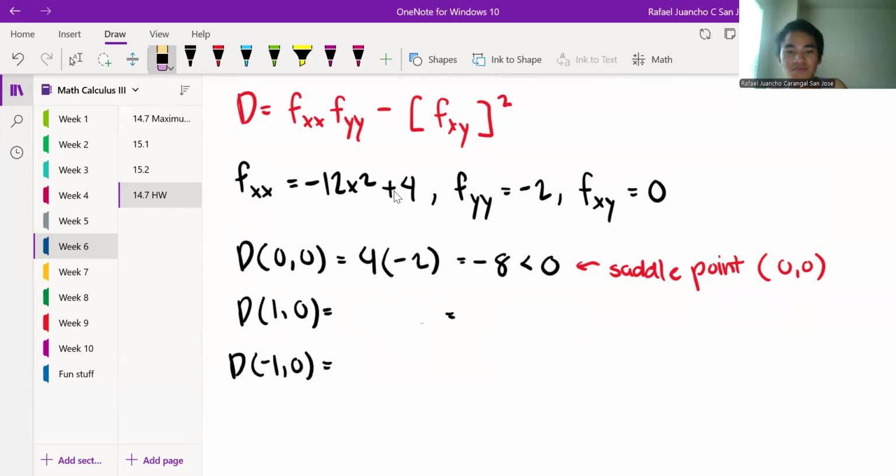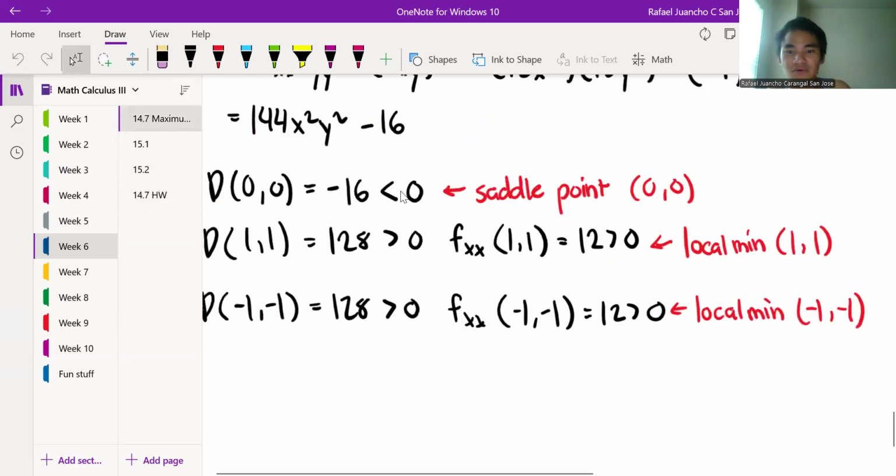Let me plug in the 1. I get negative 8 times negative 2, so I get 16, which is greater than 0. And then I check if my f sub xx is less than or greater than 0. Here I see that my f sub xx at that point is actually less than 0, because I get negative 8.